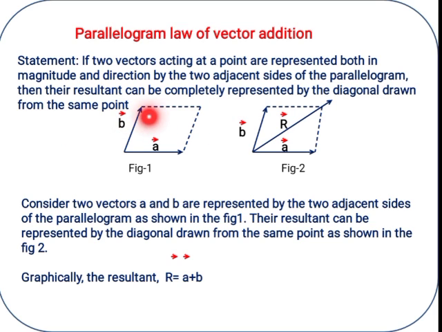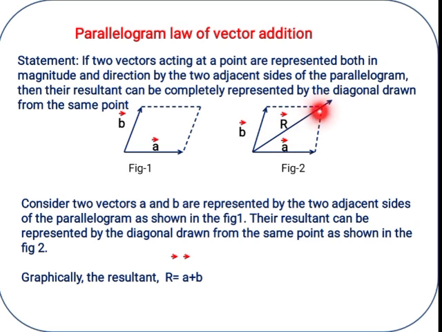These dotted lines are imaginary lines. When we join these lines, is it not a parallelogram? This diagonal is called the resultant vector here.